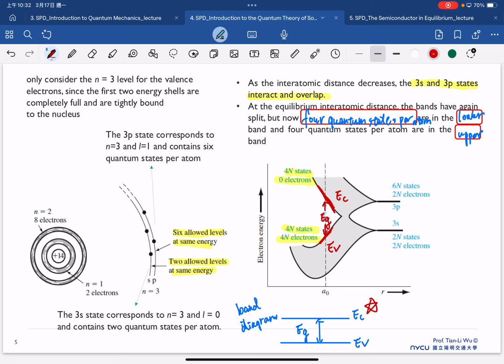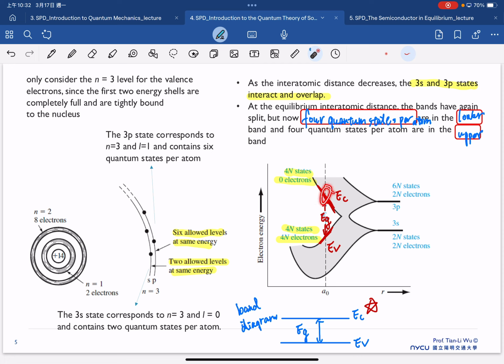Also, one more thing worth mentioning is that in this case the electron can only stay in here or in here, and cannot stay in this region, because we have discrete energy levels. Each electron can only stay in E1, E2, E3, E4. You cannot stay between E1 and E2.